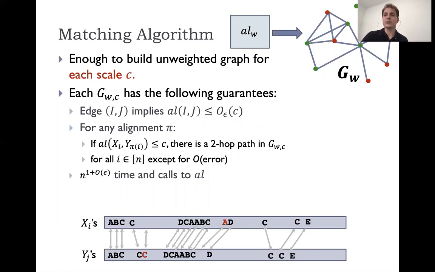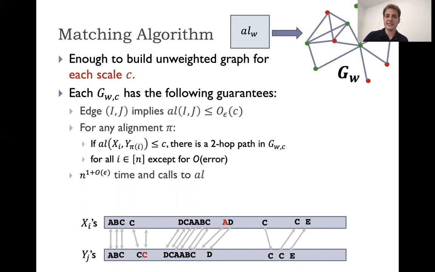And then we're also showing that for any alignment, we only care for one alignment, which is the optimal, but for any alignment pi, if the alignment distance between x_I and y_pi(I) is at most C, then we will have a two-hop path in G_W,C.